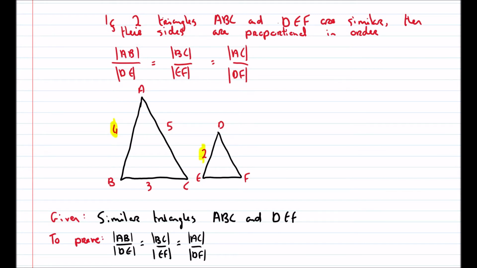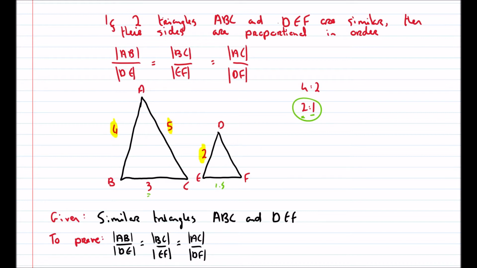This side is 4, this side is 2, they're corresponding sides, and they have a ratio of 4:2, which really is 2:1. So every other side should have the same ratio. So if that's 5, then this should be half that, which is 2.5. And likewise, if this is 3, then this should be 1.5, half that, because this is the ratio.